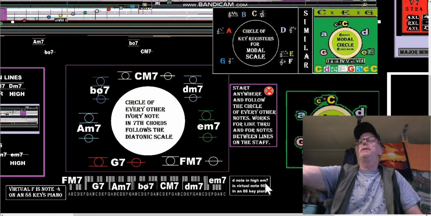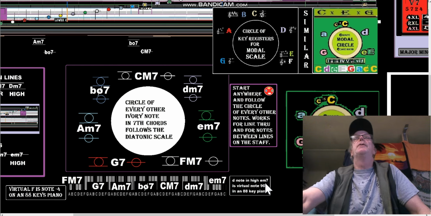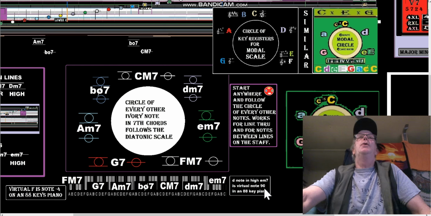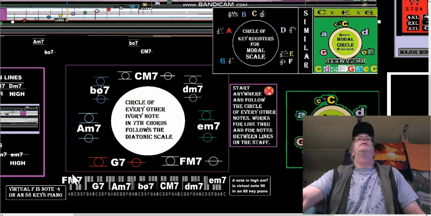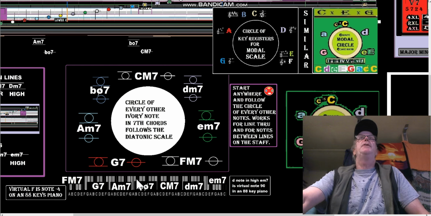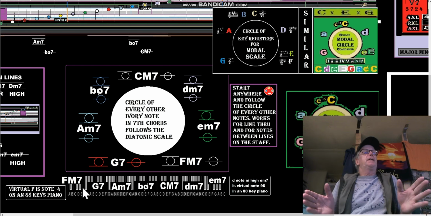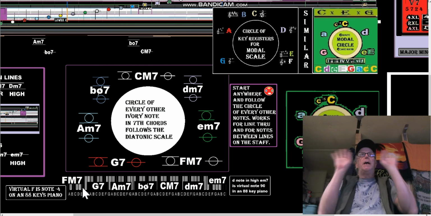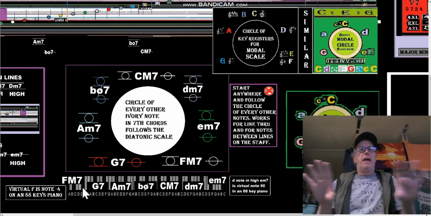Here's E and here's the G of that E minor 7th would be the 90th note. So that's add 2. It's more like 94 notes. So what we're looking at here is a 94 note keyboard.